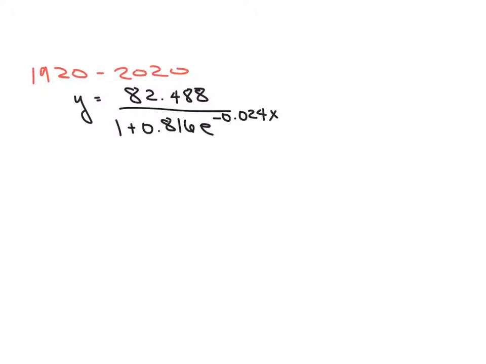Okay? So basically, this is the formula that I'd given you earlier. Let me give it again. Y equals C over 1 plus A e to the negative bx. Okay, so that being the case, we know what our b is. We know what our c is. So remember, c is the horizontal asymptote.